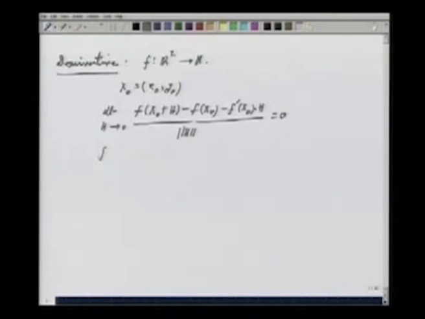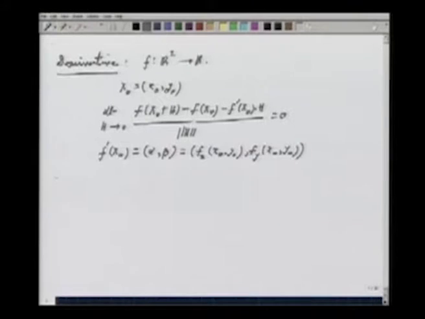Here f prime at x naught is a vector (alpha, beta), and we have seen in our previous lecture that these alpha and beta are nothing but the partial derivatives at the point (x naught, y naught).